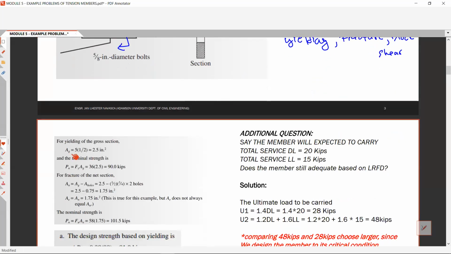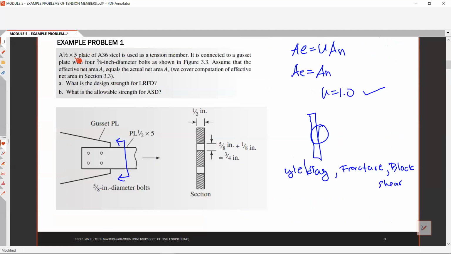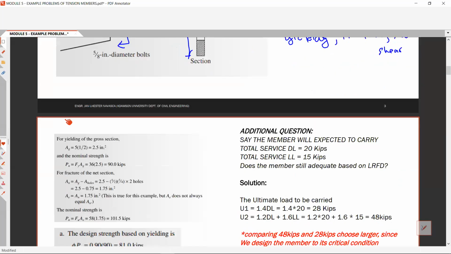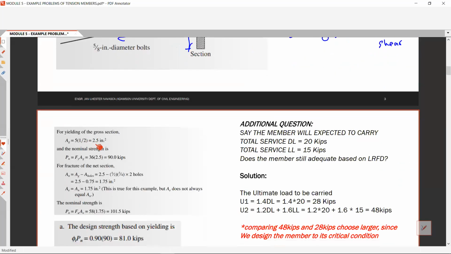That is Ag, which is 5 by 1/2, since we are using a 1/2 by 5 inch plate. If we cut a section here, we see a 1/2 by 5 inch plate without holes. Therefore, the area of the gross section is 5 by 1/2. That is Ag, which is 2.5 square inches.